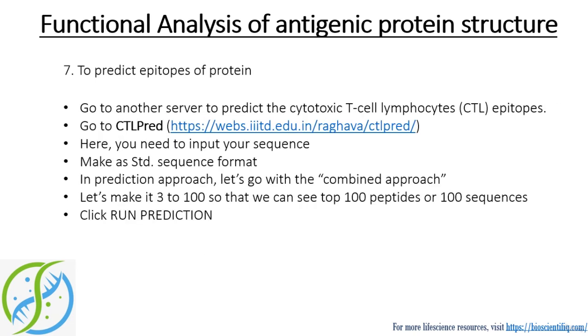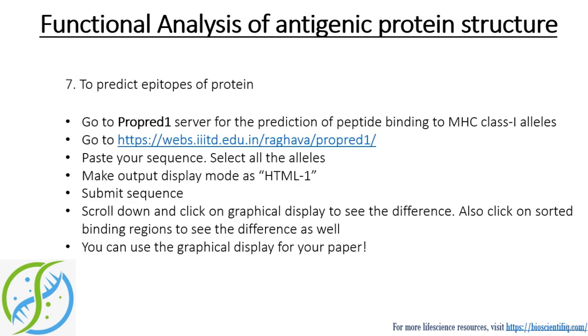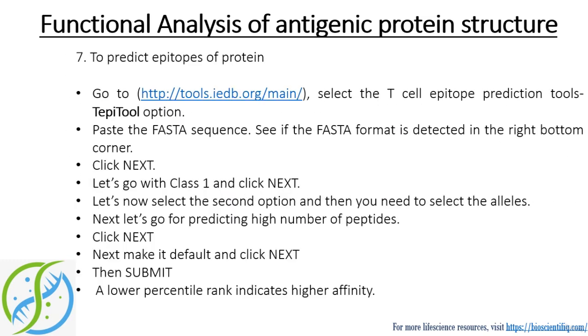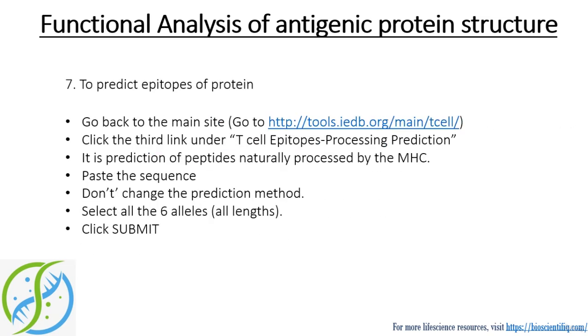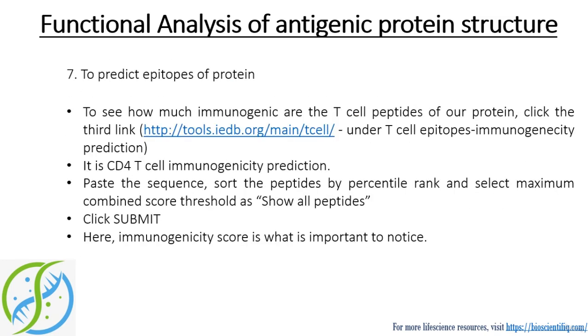Then we'll be looking to predict the cytotoxic T cell epitopes, also various T types epitopes like the MHC class 1 as well as MHC class 2 epitopes. So for that, we'll be looking for different servers. Then, that comes under the functional analysis of antigenic protein structure.